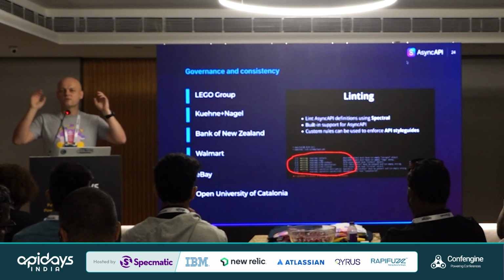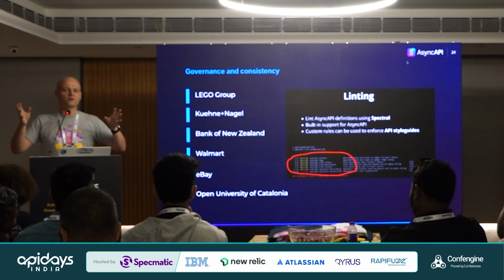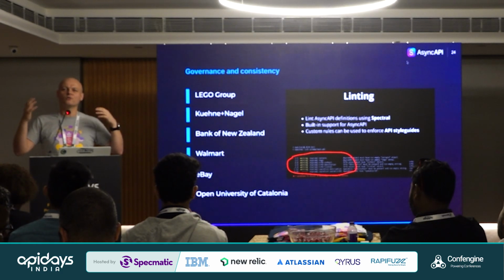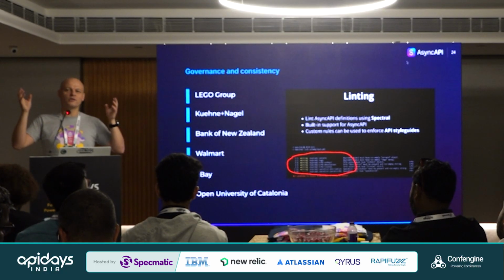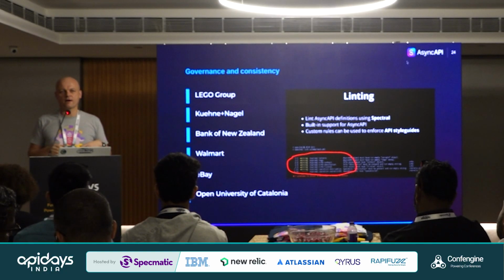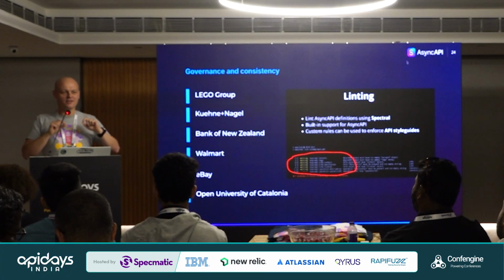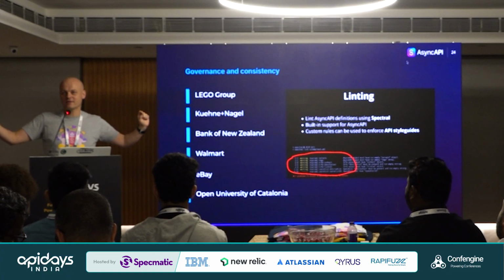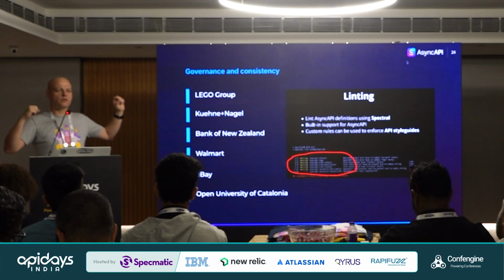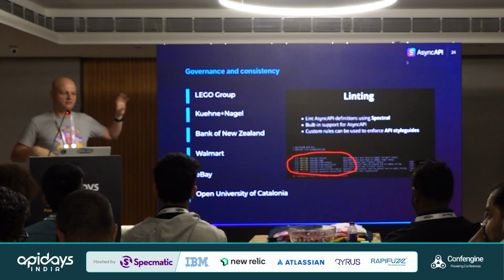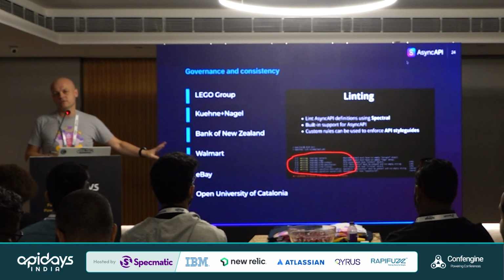In every organization, at some point, you're going to face this discussion: how do we name topics? What information should we put in the topics? Now, once you solve it, the problem is how you make sure that everybody actually follows the same guideline. And that's how AsyncAPI, just like OpenAPI for REST, can be used.